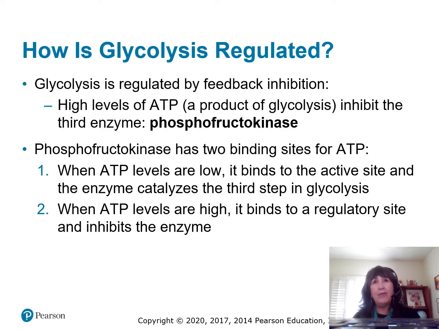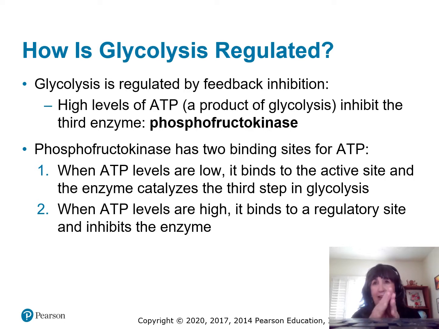So notice here phosphofructokinase is the third enzyme, and we're going to regulate glycolysis through what? Feedback inhibition. The product at the end affects one of the enzymes at the beginning, and this enzyme is phosphofructokinase. So a lot of ATPs will inhibit phosphofructokinase.